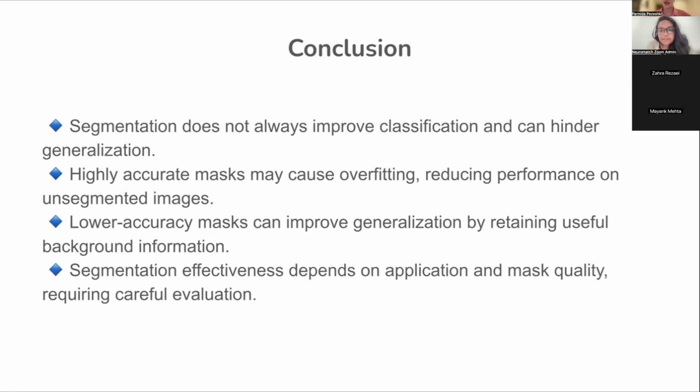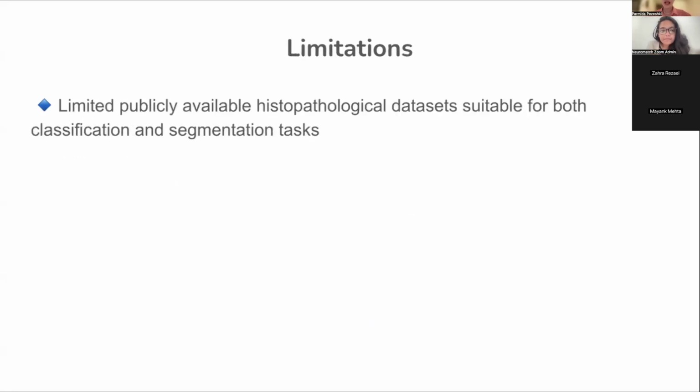And talking about our limitations, the limited publicly available histopathological datasets was one of the setbacks in this project. We actually spent a considerable amount of time finding histopathological datasets which were suitable for both a classification and segmentation task.